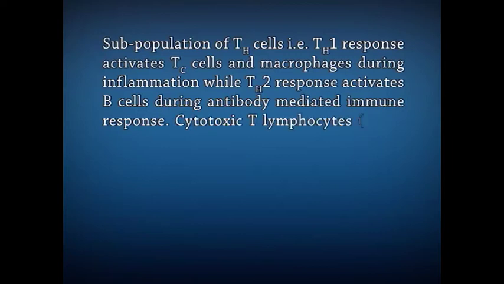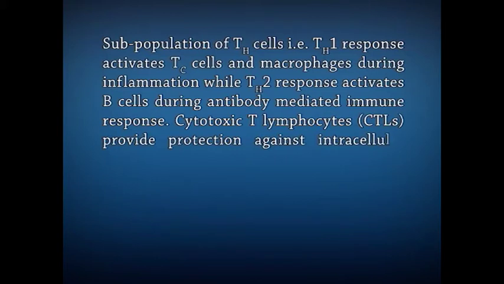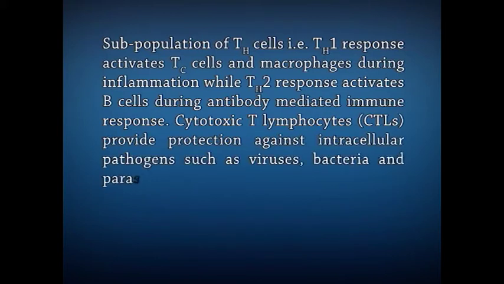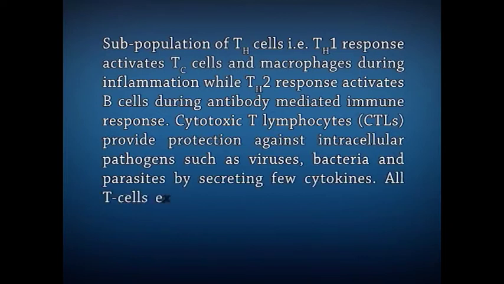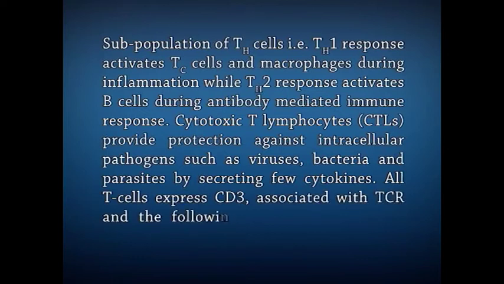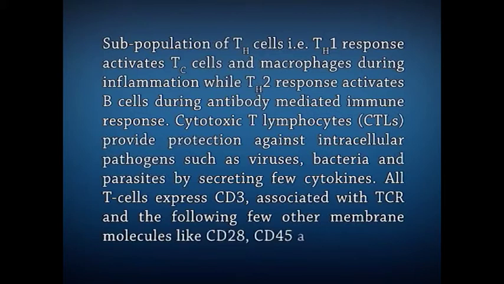Cytotoxic T lymphocytes, or CTLs, provide protection against intracellular pathogens such as viruses, bacteria, and parasites by secreting a few cytokines. All T cells express CD3 associated with TCR and a few other membrane molecules like CD28, CD45, and others.